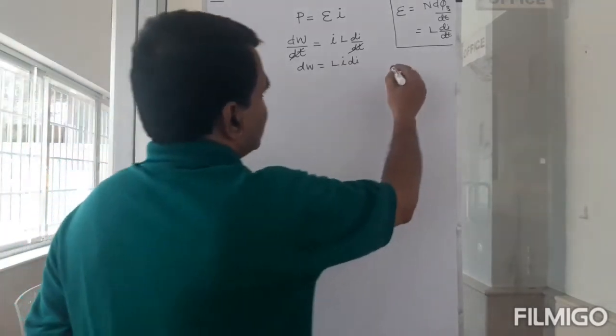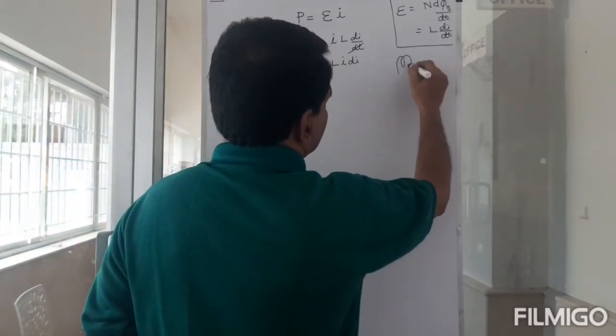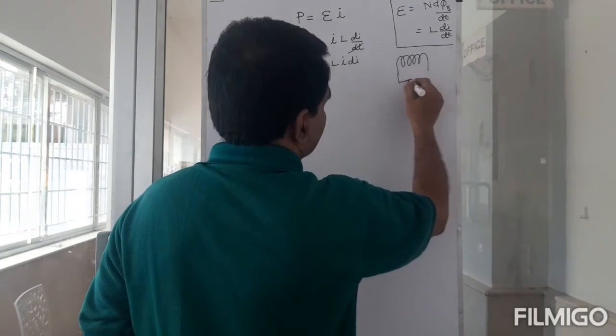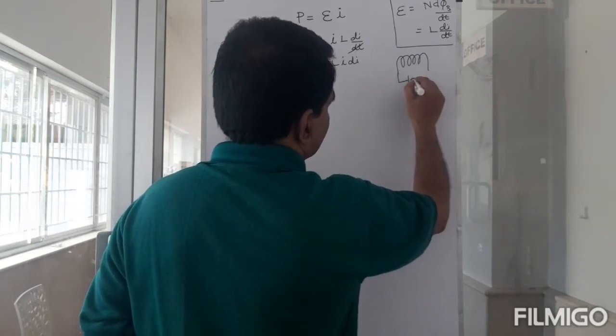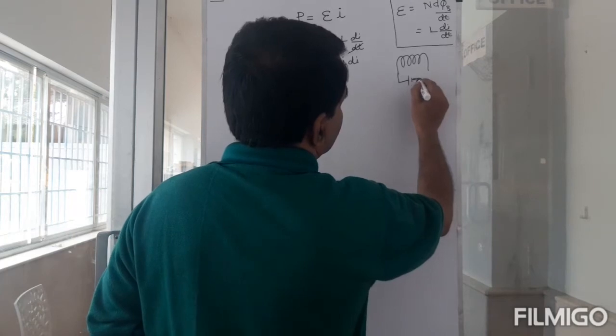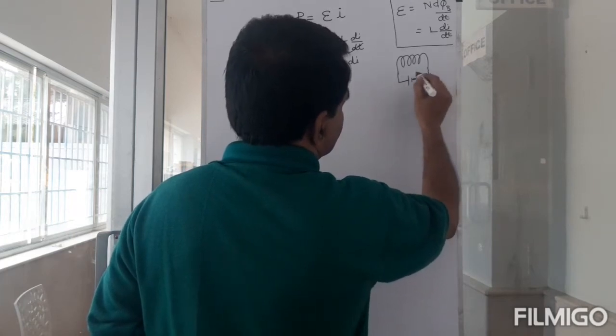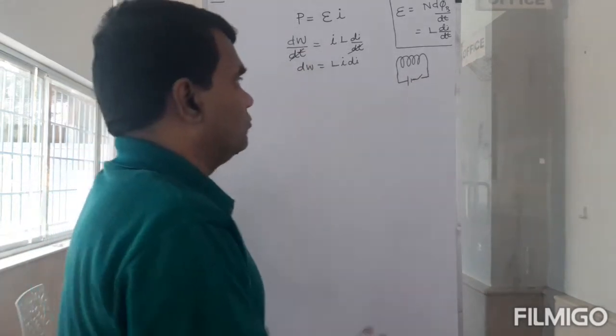See, if I have a circuit like this, I have a coil, and then let's say I have a battery or something, and notice that I have a switch. The switch is open now.